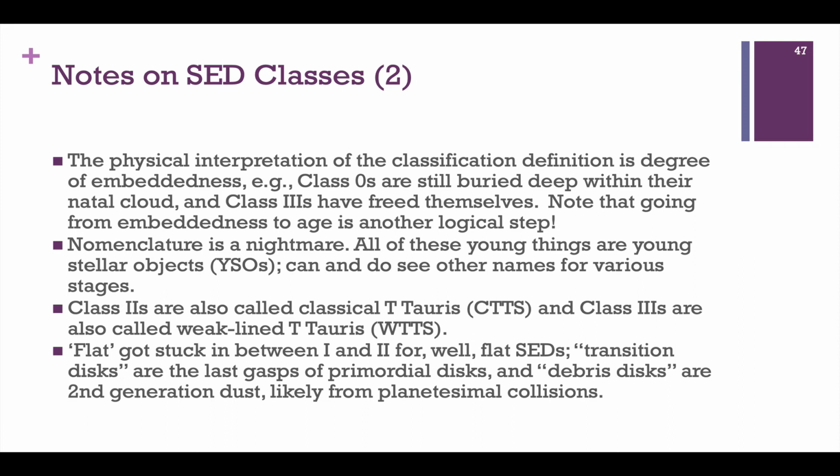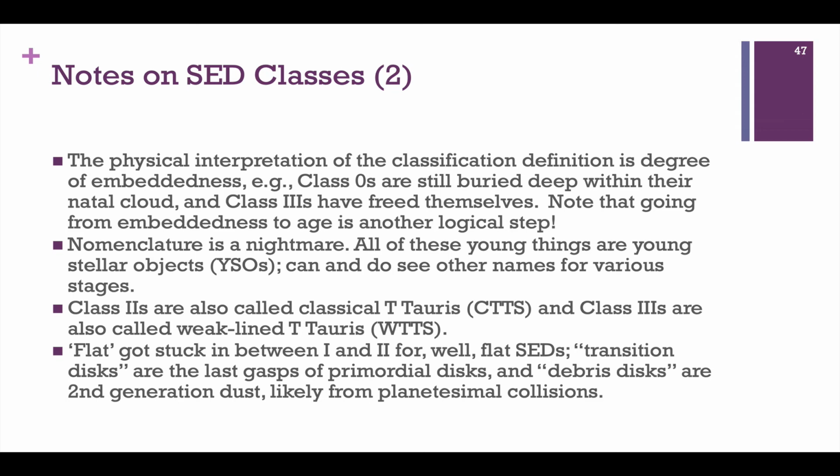I personally have found things where we had a prestellar clump, a class 0, a class 1, and a class 2 all within such a small area that the only way they could be there all together is that they were all the same age, and yet they were hugely different in terms of their SED shape. So that interpretation from embeddedness to age is a separate logical step.